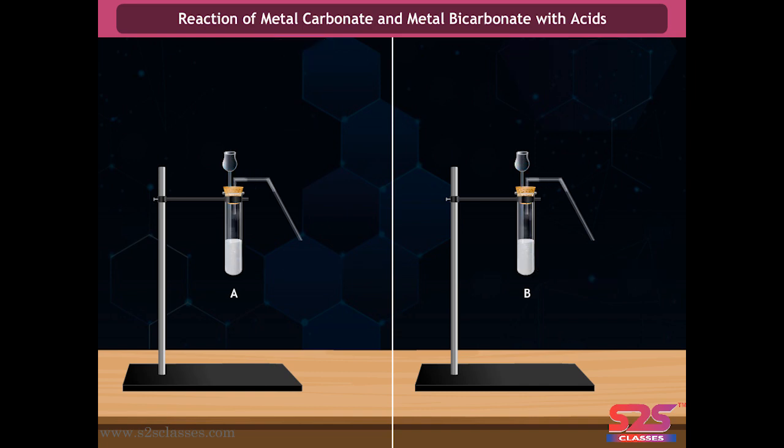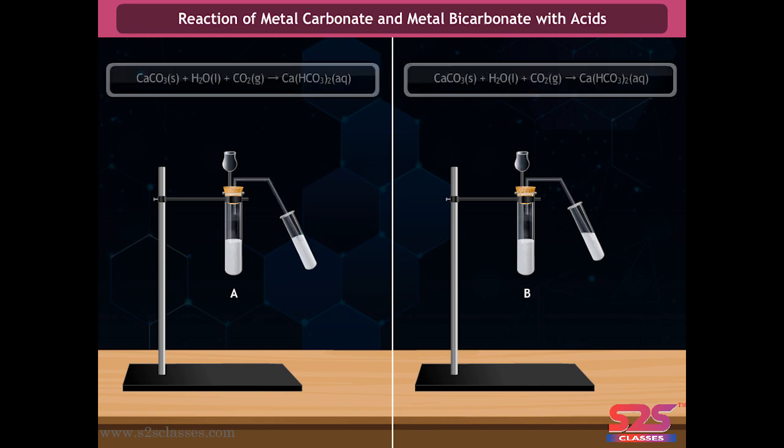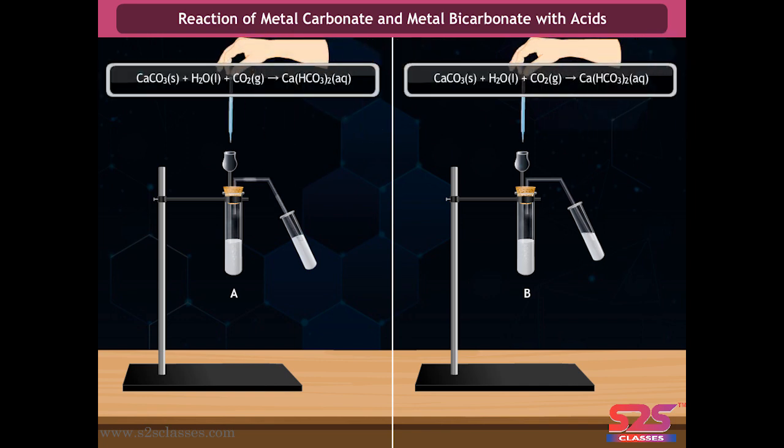What do you observe? You will observe that the gas is evolved with brisk effervescence. Pass the gas produced in each case through lime water, that is calcium hydroxide solution. On passing the carbon dioxide gas evolved through lime water, it turns milky due to the formation of calcium carbonate. On passing excess of carbon dioxide gas, calcium carbonate converts into calcium hydrogen carbonate, which is soluble in nature.